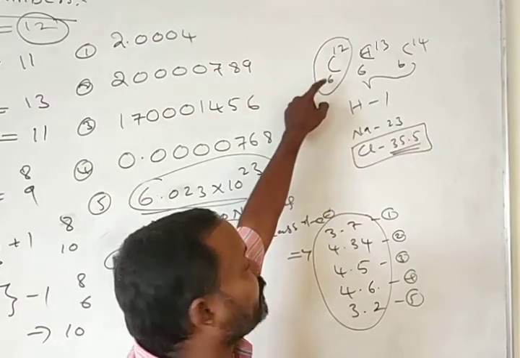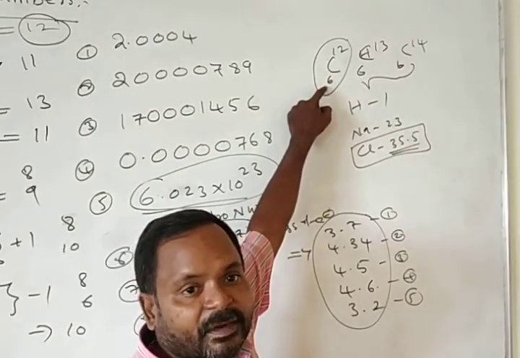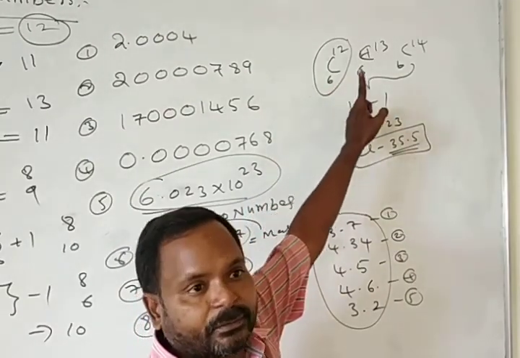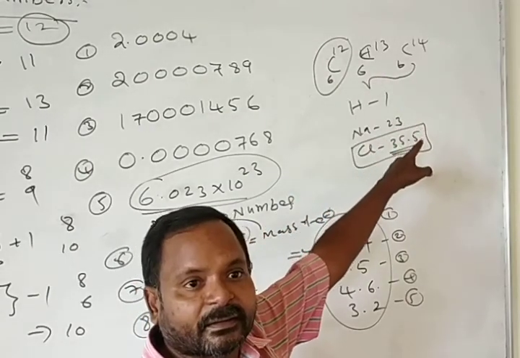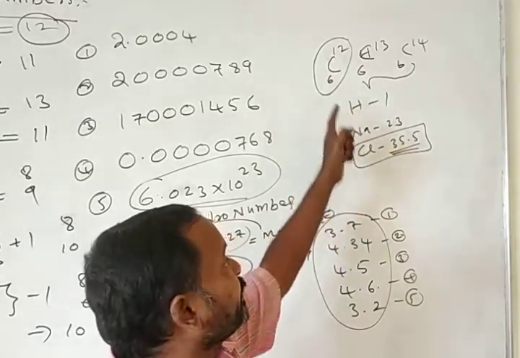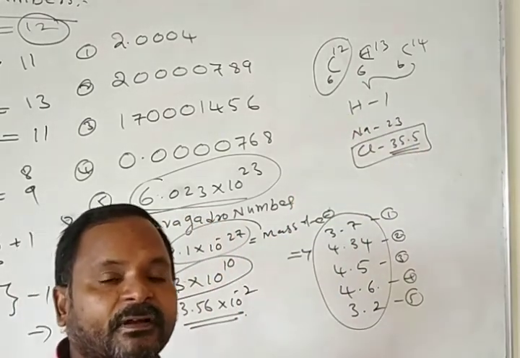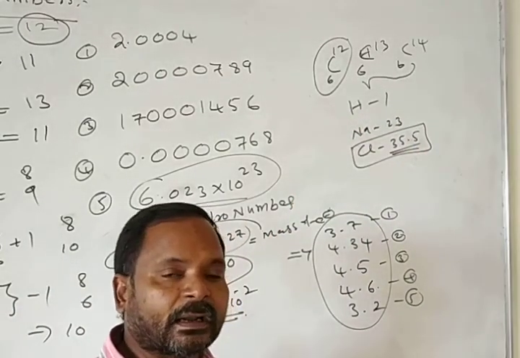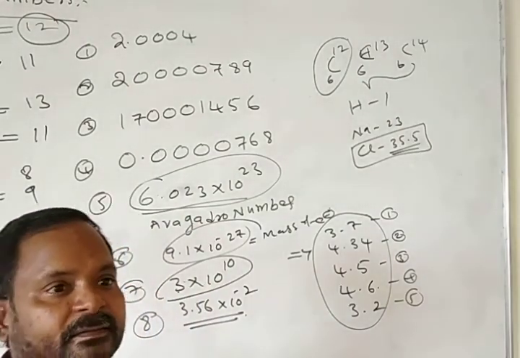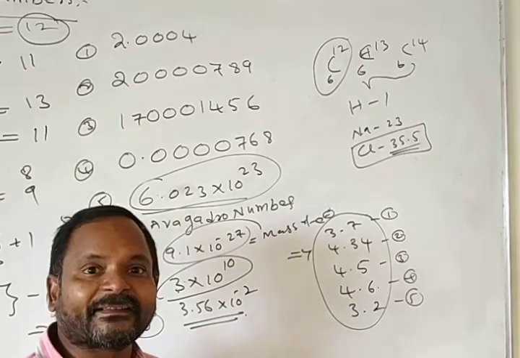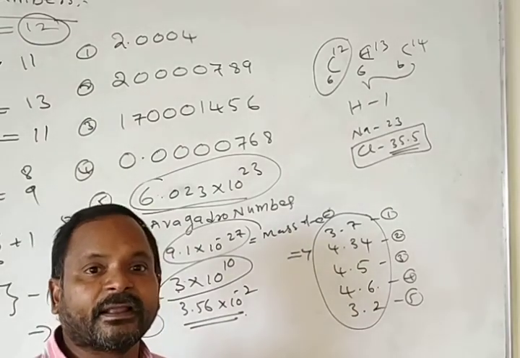But when I asked the atomic mass of carbon, you said 12 only. You never said 13 or 14. Why do we take the atomic mass of carbon as 12? Atomic mass of nitrogen is 14. We'll see in continuation that this can be explained by using the average atomic mass of an element.